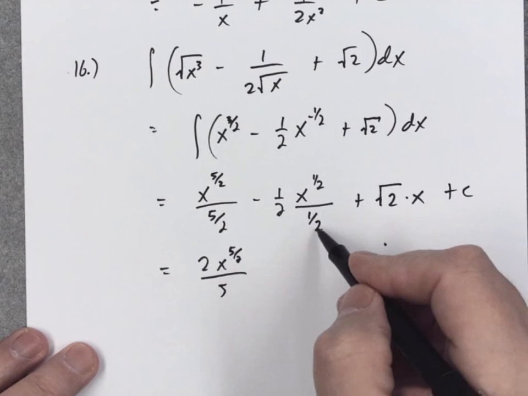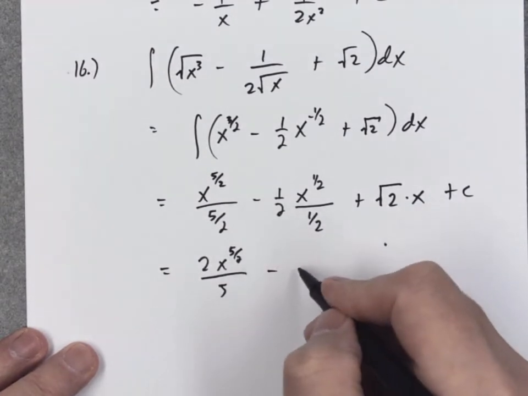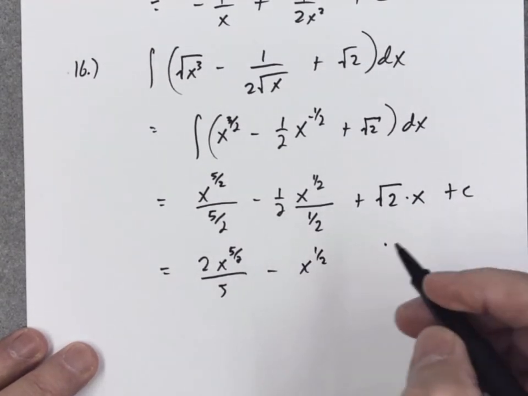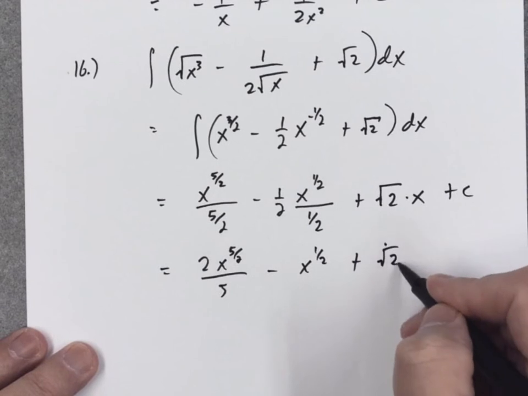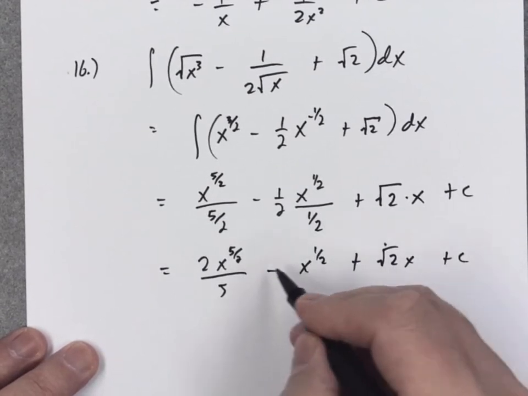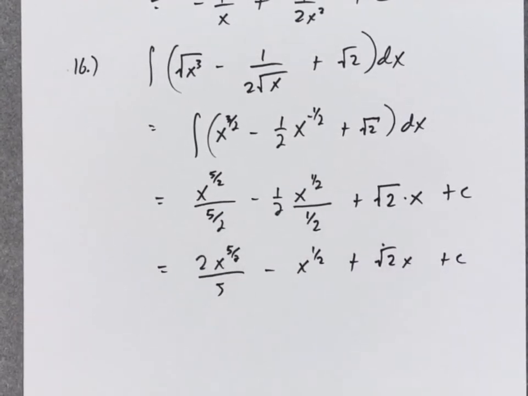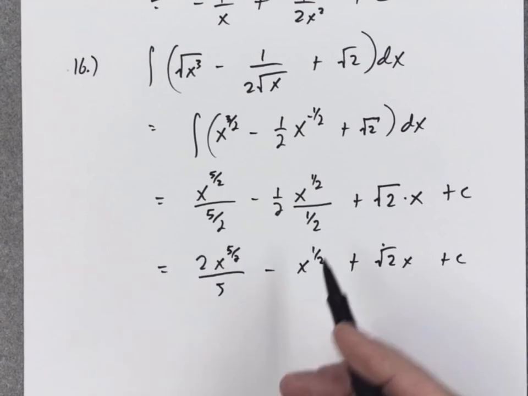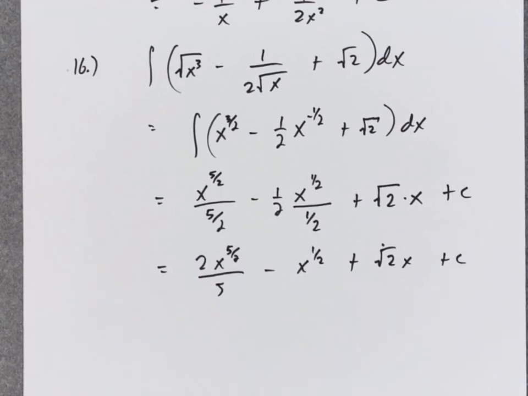This 1/2 and this 1/2 actually cancels out. Now you could convert these back to radicals, but it's okay to leave it like that. All right, a little messy, but not too bad.